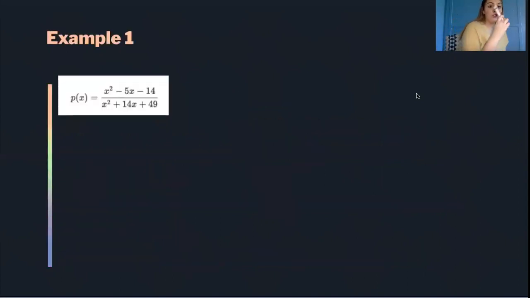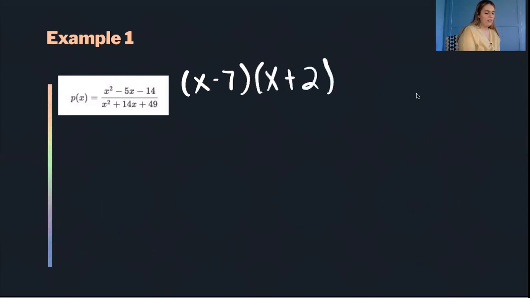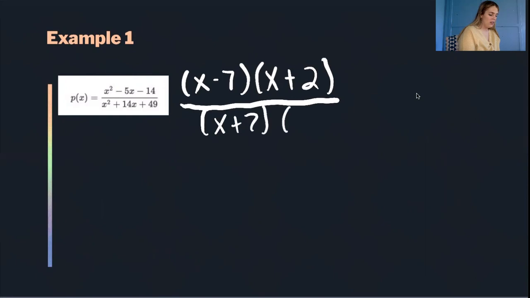So we're going to start with the first one. So I'm going to factor. Two numbers that multiply to be negative 14 and add to be negative 5 are negative 7 and positive 2. Down here, this is x plus 7, times x plus 7.